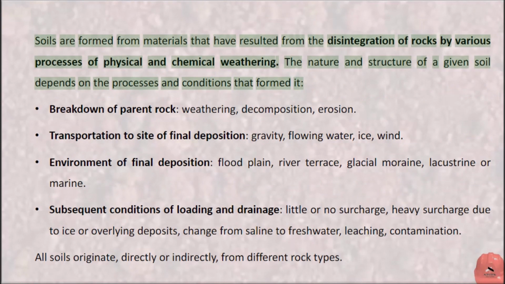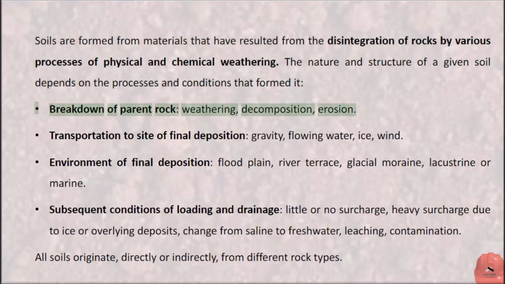Soils are formed from materials that have resulted from the disintegration of rocks by various processes of physical and chemical weathering. The nature and structure of a given soil depends on the processes and conditions that formed it. Breakdown of parent rock: weathering, decomposition, erosion. Transportation to site of final deposition: gravity, flowing water, ice, wind.